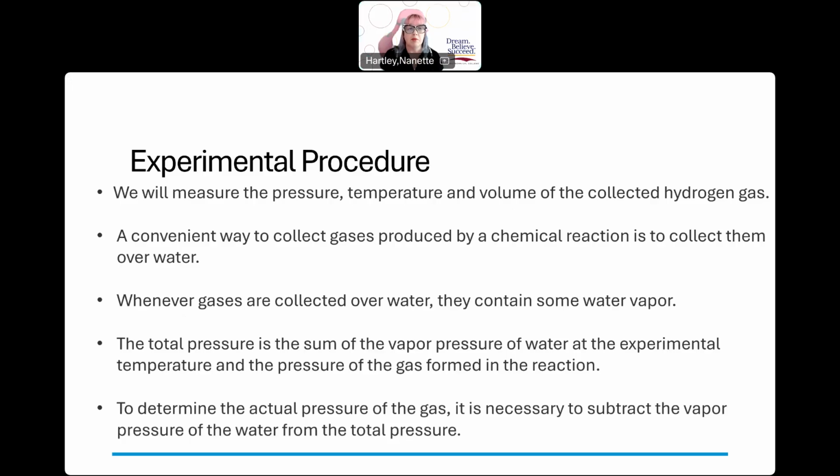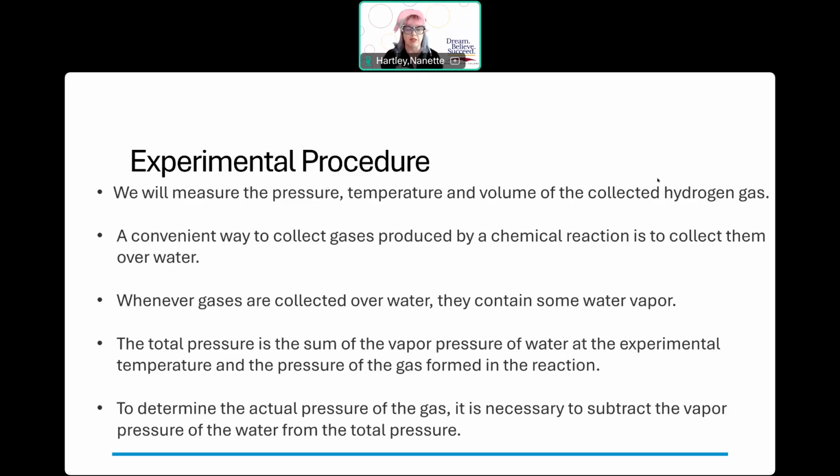Now, our experimental procedure, we will measure the pressure, temperature, and volume of the collected gas. Okay, now that's the hydrogen gas. And a convenient way for us to collect that gas produced by a chemical reaction is to collect it over water. That's a way that we can make sure that the only thing that we've got in there is the hydrogen gas. Whenever gases are collected over water, they do contain some water vapor. There's no way we can get around that.